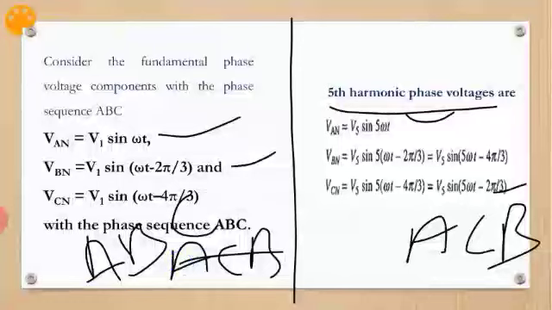Also, due to the skin effect, resistance will be increased several times. The slip Sm for the mth harmonic is given by this equation.